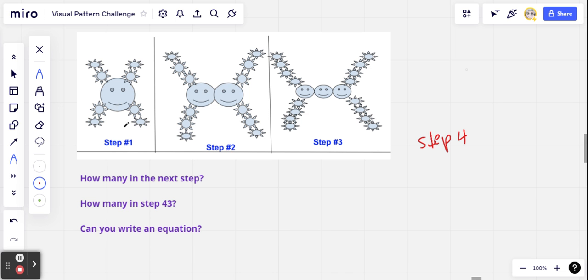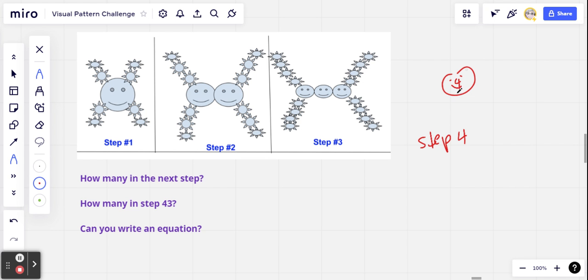Okay, so in terms of getting some visual intuition about this, I think I'm going to take them one type of thing at a time. Even though we're counting all the shapes, I'm going to do smileys first and then suns. So the smileys are pretty easy. There's 1, 2, and 3 in step 3, so I would expect there to be 4 smileys in step 4.